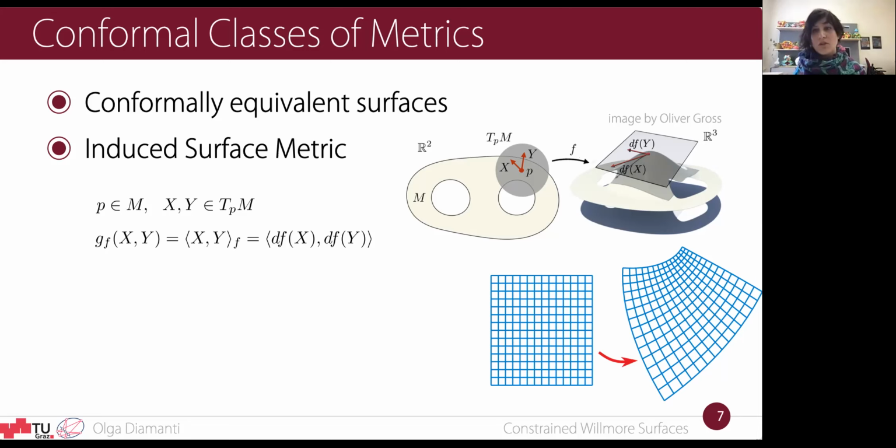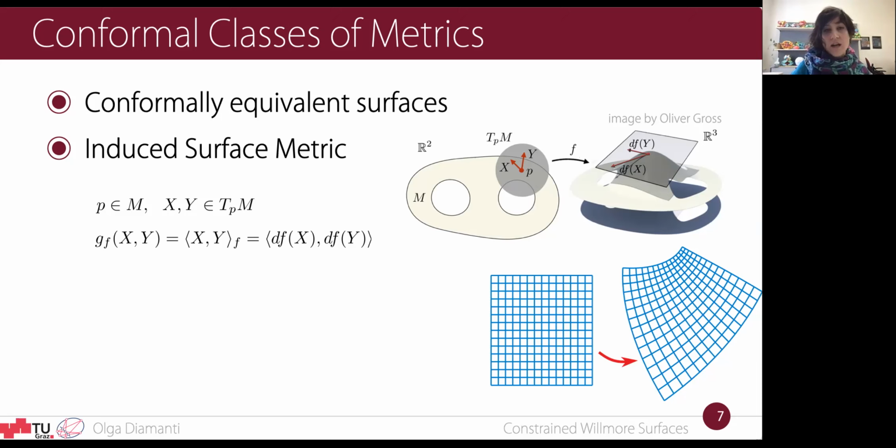This can be thought of as an inner product between these tangent vectors, and the induced metric from a surface F is defined via the push forward of these vectors, x and y, via F. So one takes the x and y tangent vectors, then pushes them to R3 by using this Jacobian, and then you get these 3D vectors, df of x and df of y, and then you take the standard inner product in R3, and that's the induced metric on your surface.